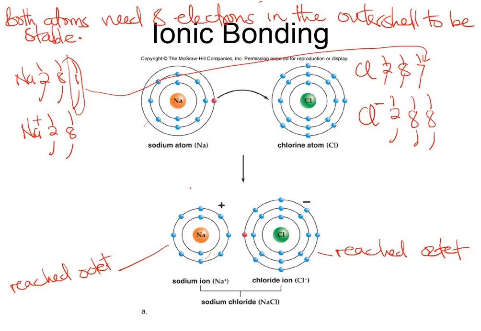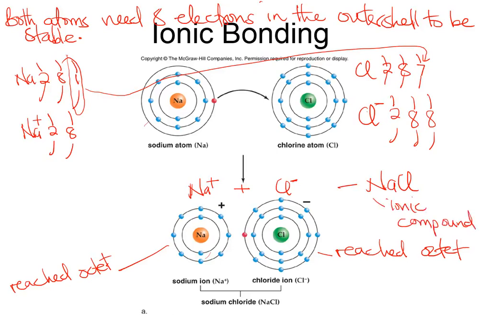So we'll be like this plus, this minus. When you bring them together, they'll form a compound, sodium chloride. This one is an ionic compound.